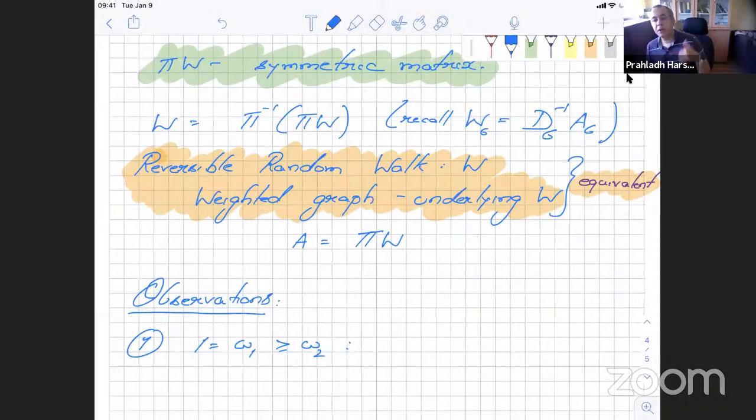So in particular, notice that if you take ones on 1 component and 0 elsewhere, these are orthogonal eigenvectors. They are even orthogonal in the pi inner product.